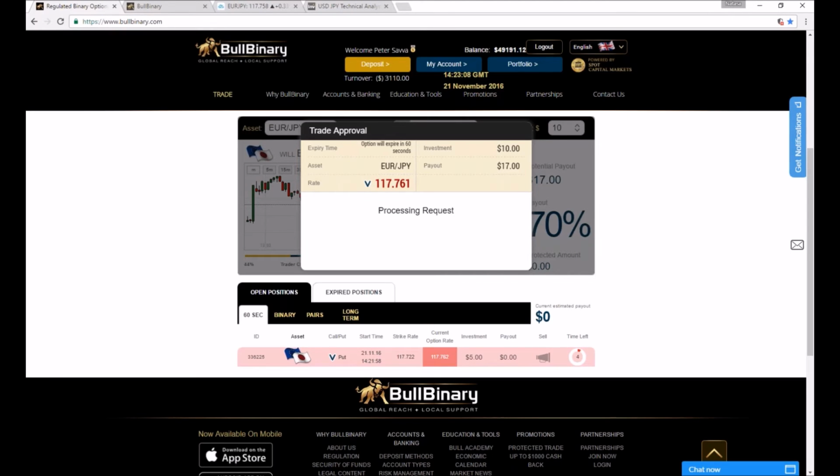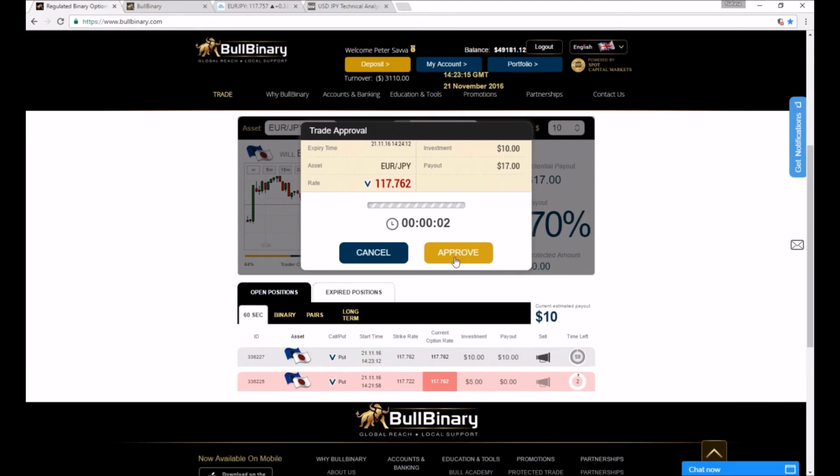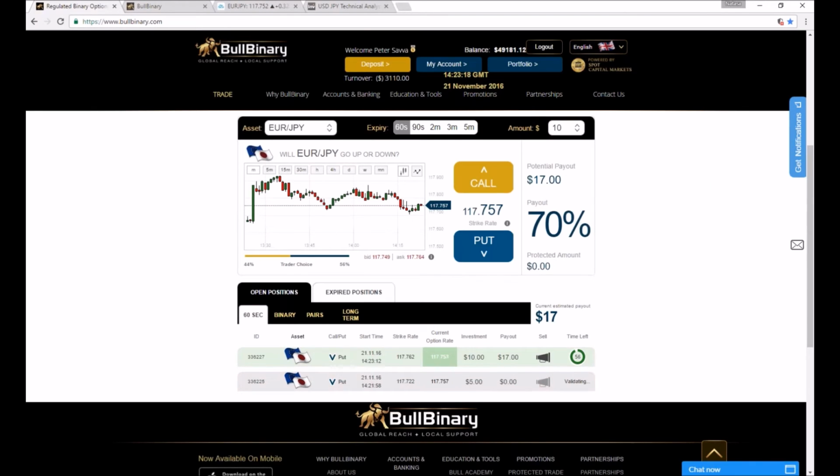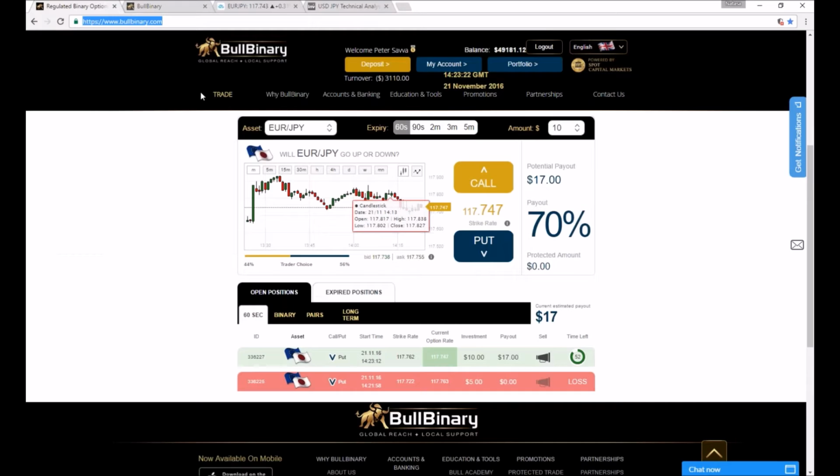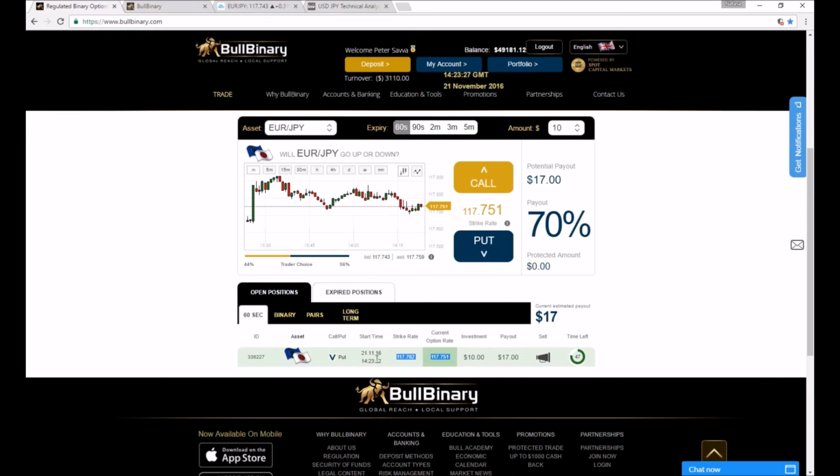I'm going to click on apply right now, and I will approve right about now in the same direction as the trend. As I explained to you, we see a very, very strong downtrend right now on Euro JPY. We saw the green candlestick, I doubled up on the next candlestick, and as you can see right now, it is in the money. We will keep an eye on this trade, and if you have any questions, please do not hesitate to ask.